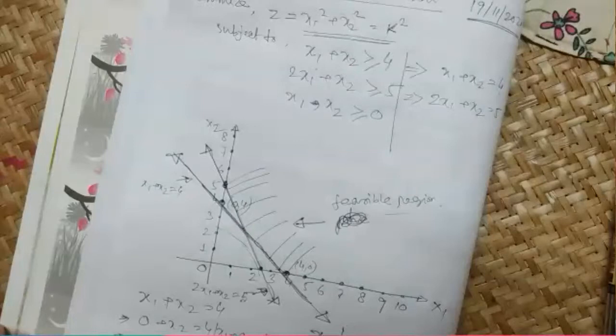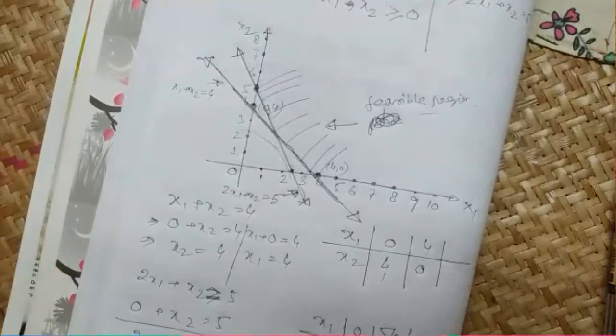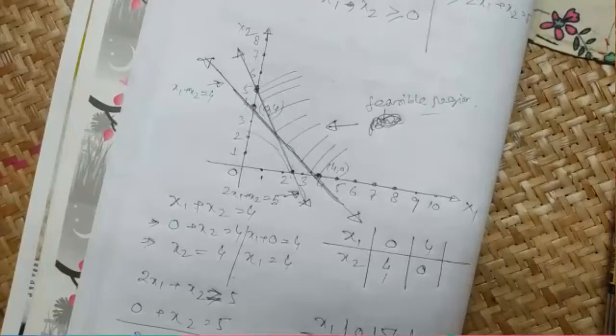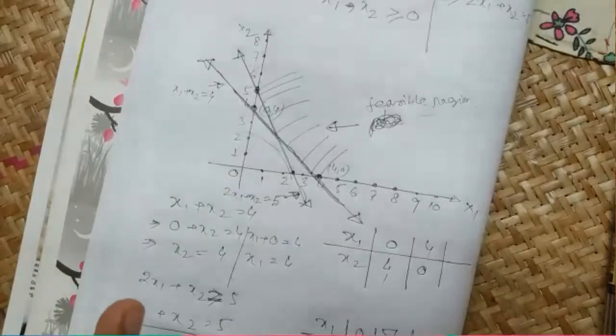Suppose we assume that this circle, x1 square plus x2 square equal to k square, which is the objective function, touches constraint 1.